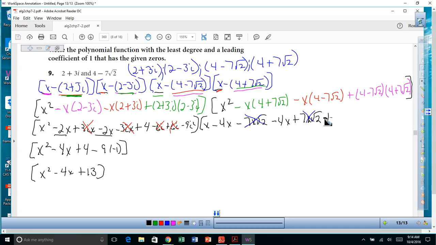So we're going to have plus 4 times 4, that's 16. And then 4 times 7, that's going to be plus 28 the square root of 2. All right. And then inner, that's going to be negative, and that gives you minus 28 the square root of 2.